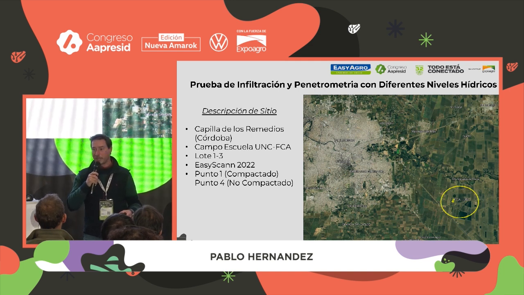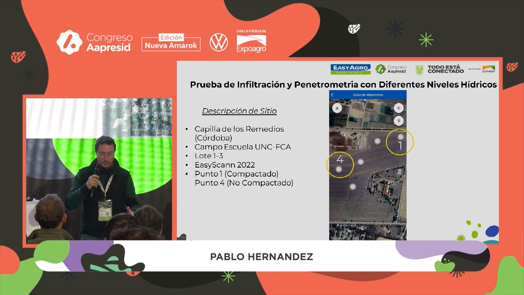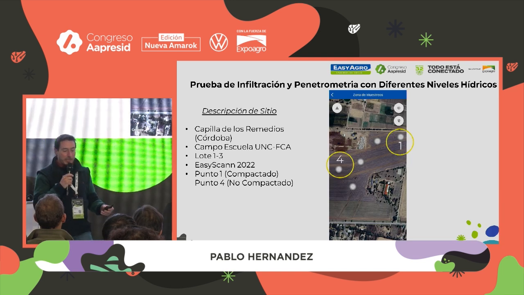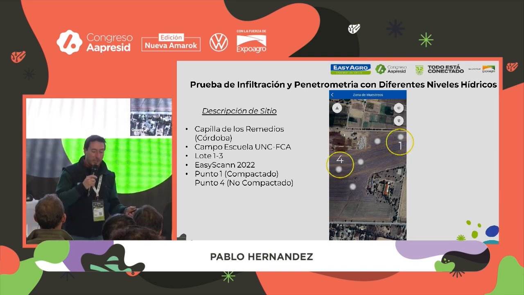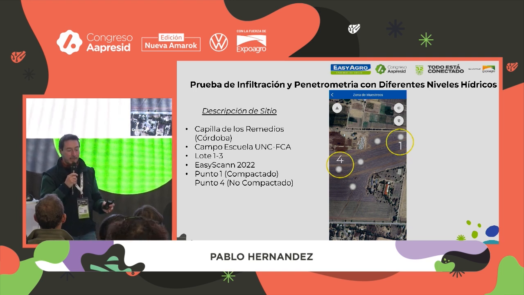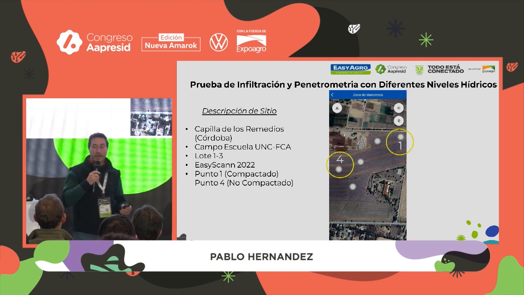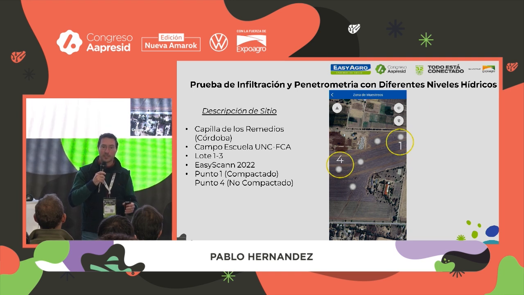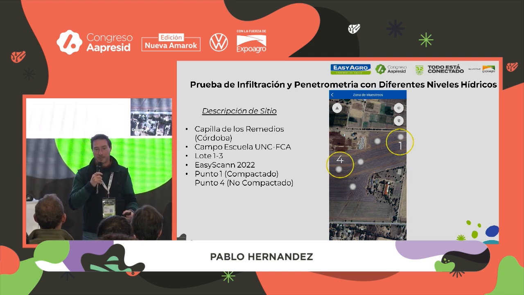This is a lot that we had already identified in 2022. We recognized there was a compaction problem there within the same lot. We had identified one compacted area, which is signaled as area 1, and a non-compacted area marked with number 4.